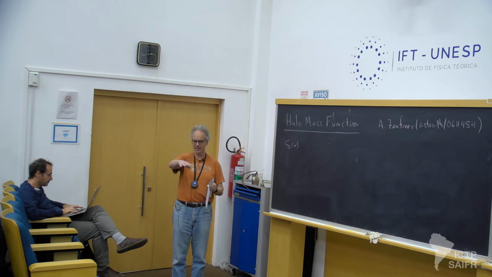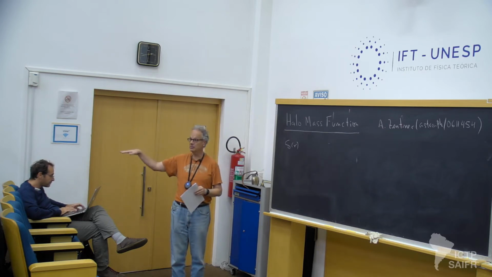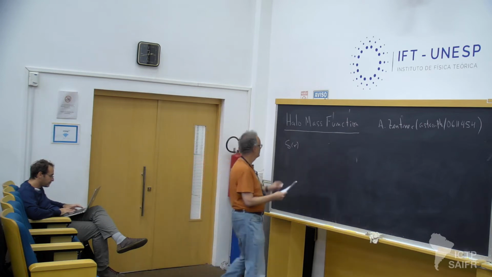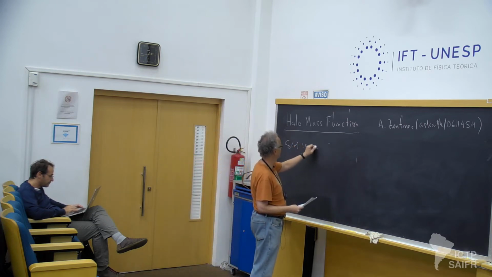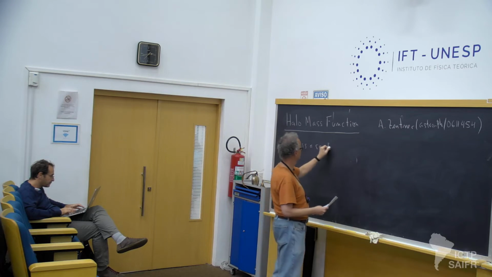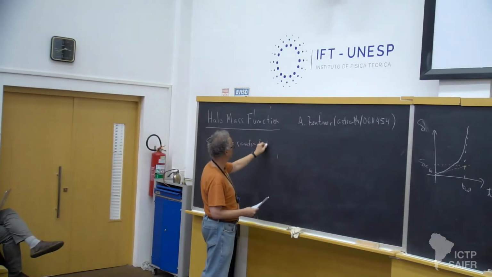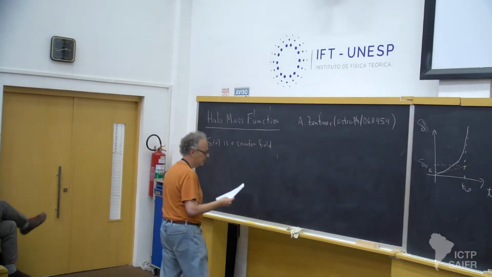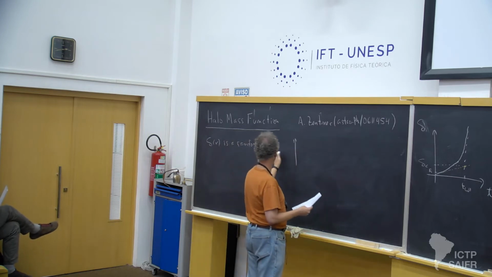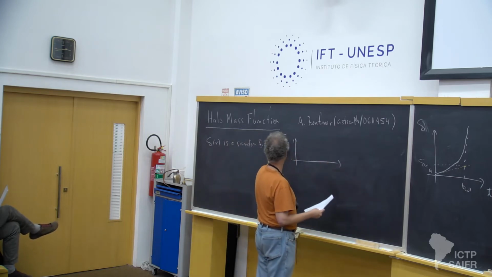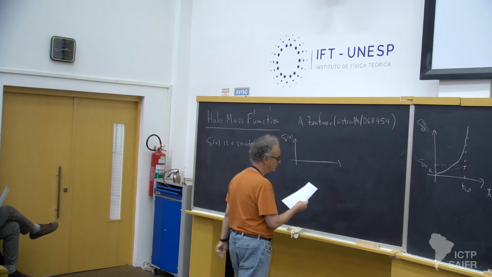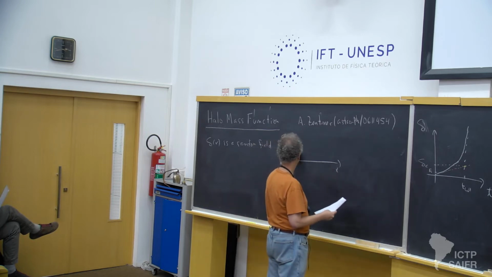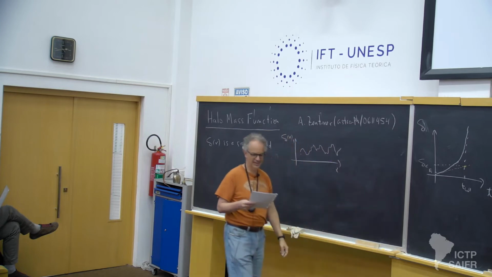This comes from fluctuations, so you can imagine it as a random variable. It's a random field. I can make a drawing of this random field, something like that.